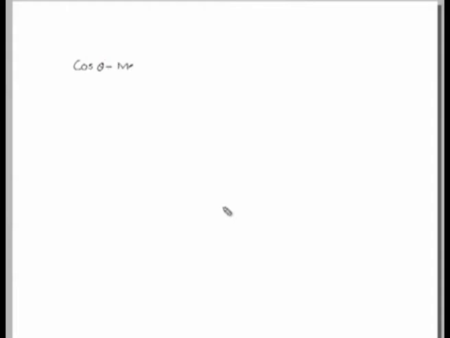Let us consider the cos theta method. Say this is our tool and this is our workpiece.